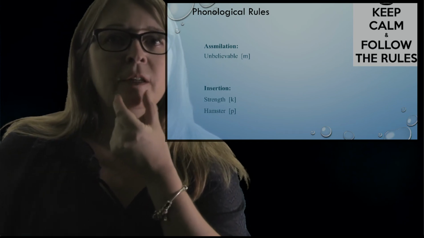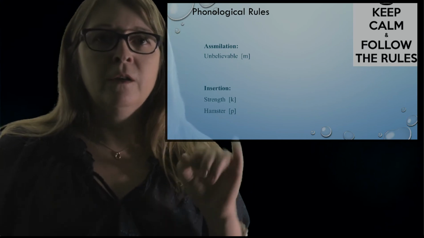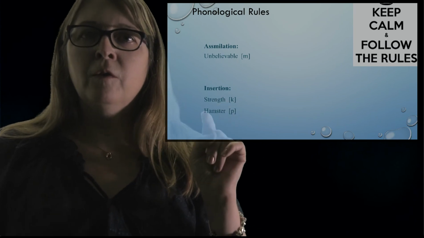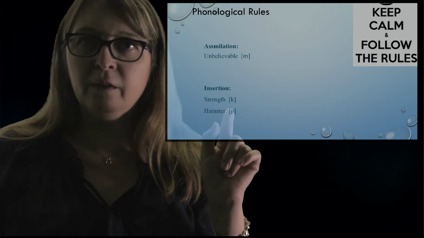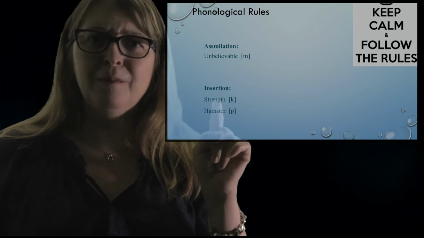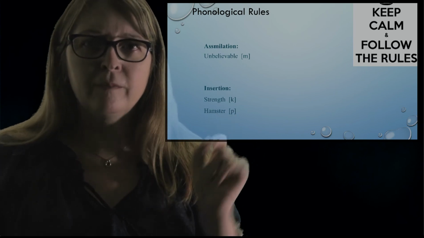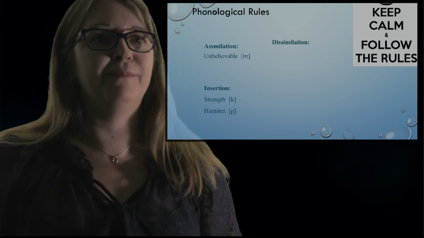So your mouth tends to do umbelievable, yeah? Strength, this is insertion. Remember when I mentioned strength, when you put the K in there? Strength. I can't do it, but some people can. And hamster, you insert a P. Hamster. I'm sure you've heard that.